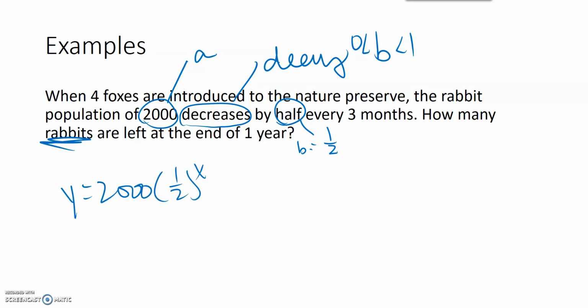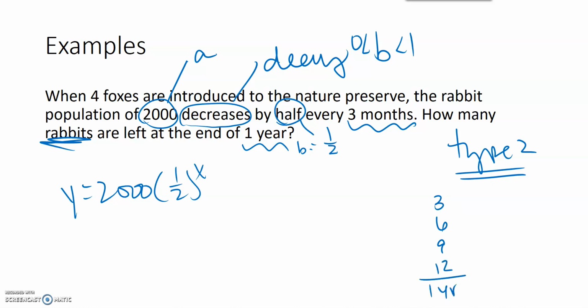It does that every, this is our third read through, 3 months, and we want to know at the end of 1 year. If I notice, this is a type 2 because those time periods don't match. The units don't match. We want to know how many 3-month periods there are in 1 year. So let's write it out. 3 more would be 6, 9, 12. 12 would be 1 year.